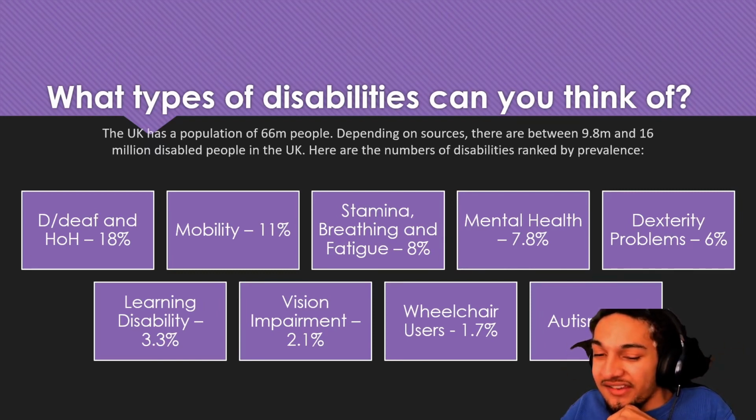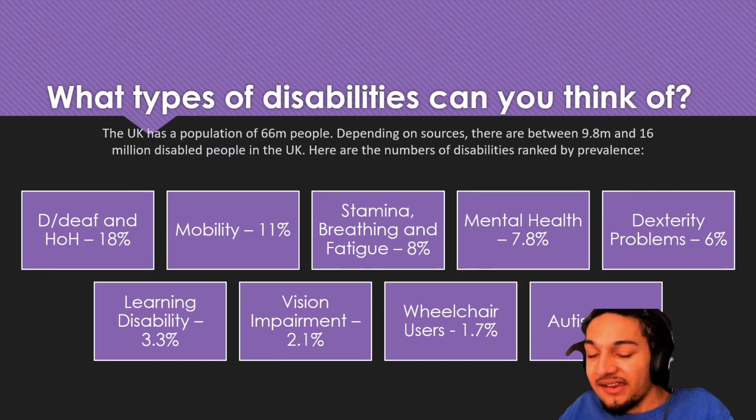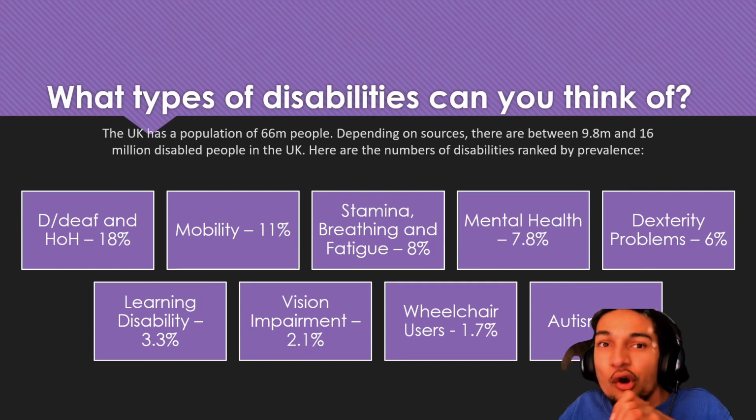So if anyone's interested, 18% of the UK population is deaf, roughly. It's really hard to get an exact number, obviously. But I think this is representative of the whole world.